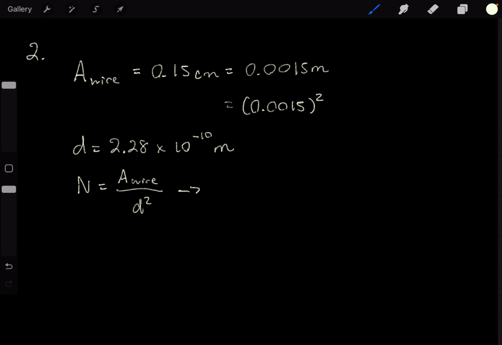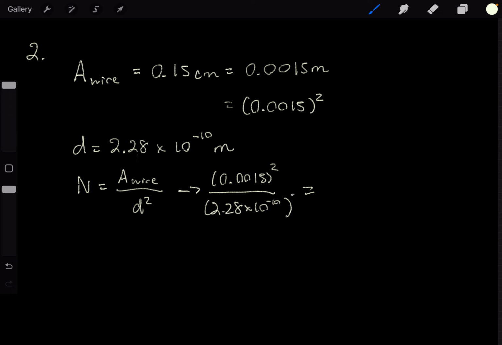Right, now let's do that. So that's going to be 0.0015 squared divided by 2.28 times 10 to the negative 10th.